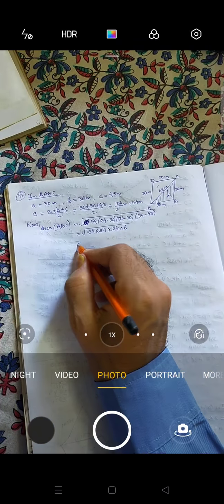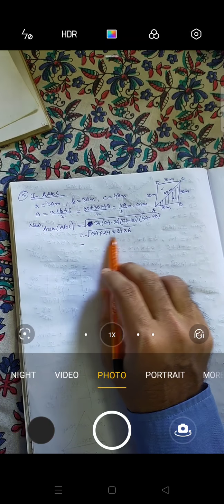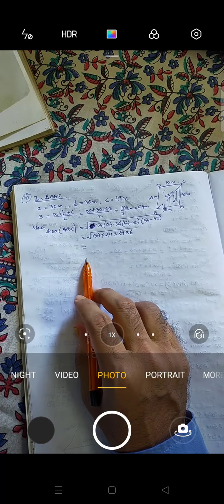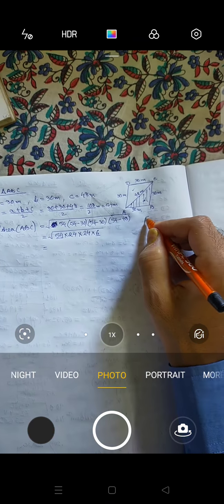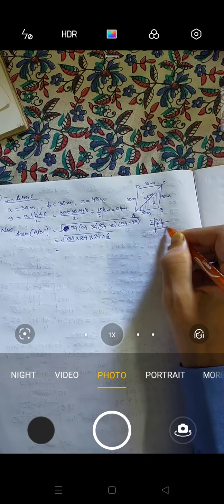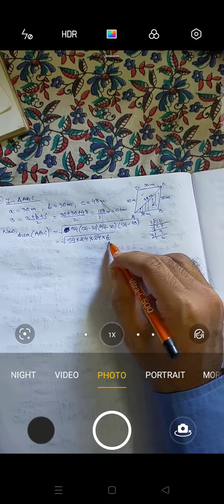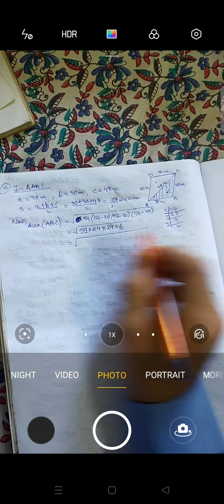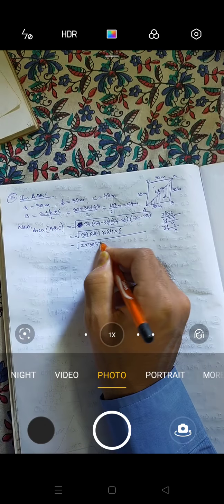Now we'll take the prime factors. You can see that 24 and 24 are already in a pair, so we will not take the prime factorization of 24. We'll leave it that way because 24 will come out. So we'll be taking the prime factorization of 54 and 6. 54 is 2 into 3 into 3 into 3.